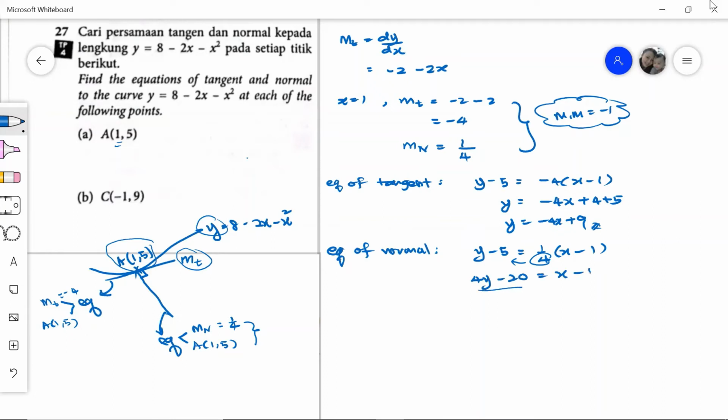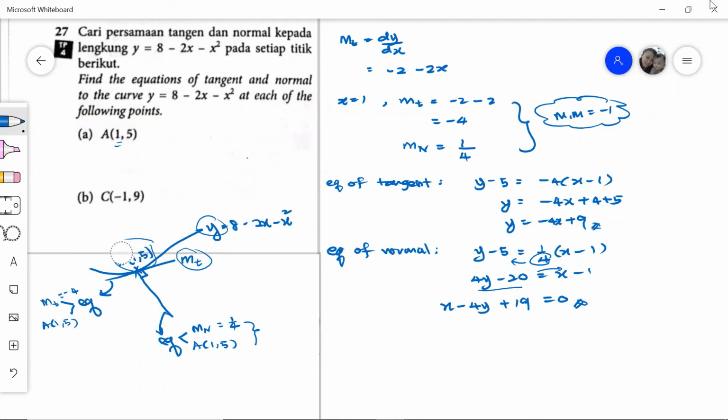So bring everything over. I write it in the general form of the equation. So x minus 4y plus 20 minus 1, so we have plus 19 equals 0. So this is the equation of the normal. All right, so that is for the point A.